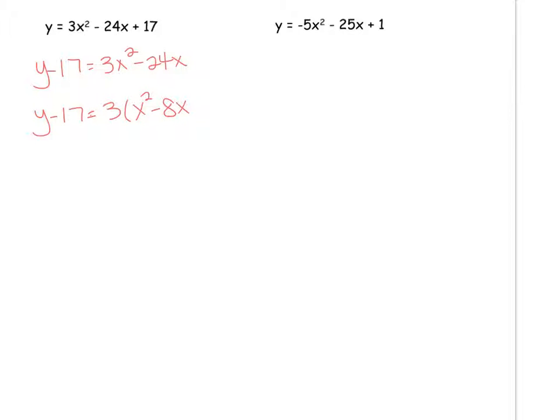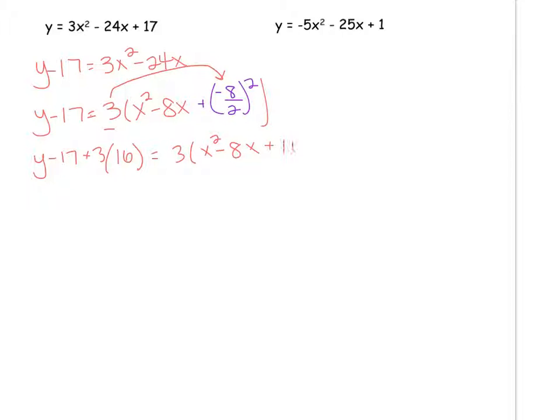Now, when I add to the right, I'm going to add (negative 8 divided by 2) squared. But see this 3 out here? When I add this 16 to the right-hand side, I'm really adding 3 times that. So on the left, I'm going to do y minus 17 plus 3 times 16, and on the right, 3 times (x squared minus 8x plus 16).